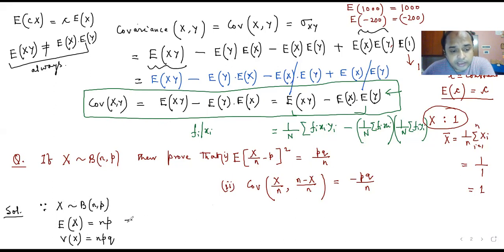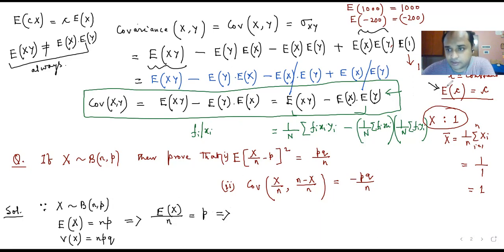Now since expectation of X is equal to NP, we can divide both sides by small n and we get this quantity. No problem with this, it is simple mathematics.